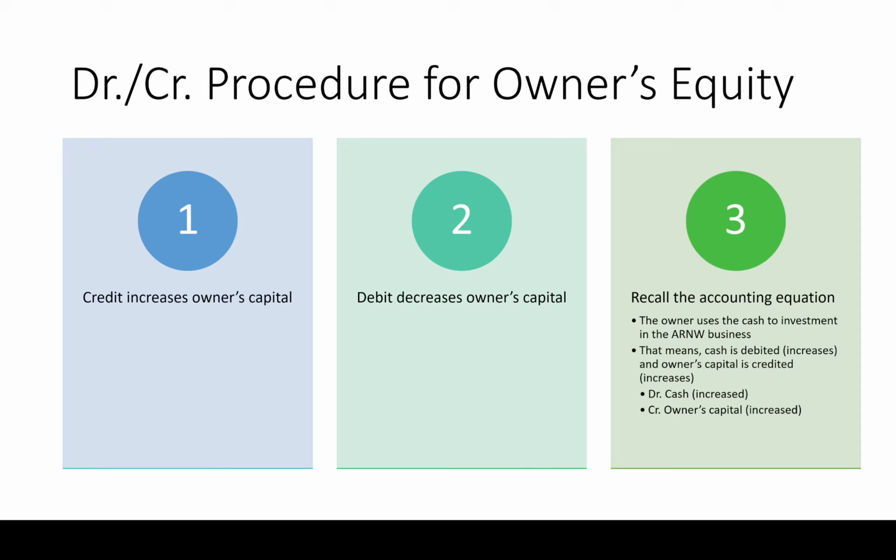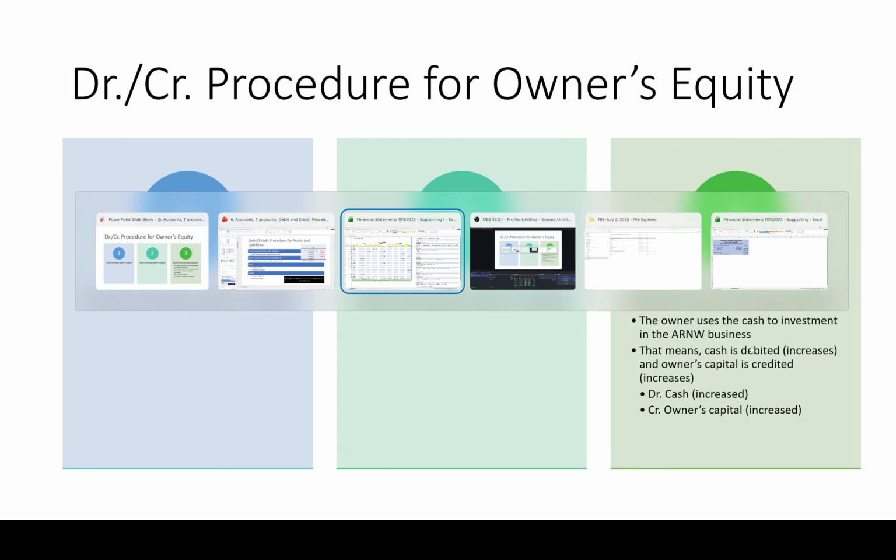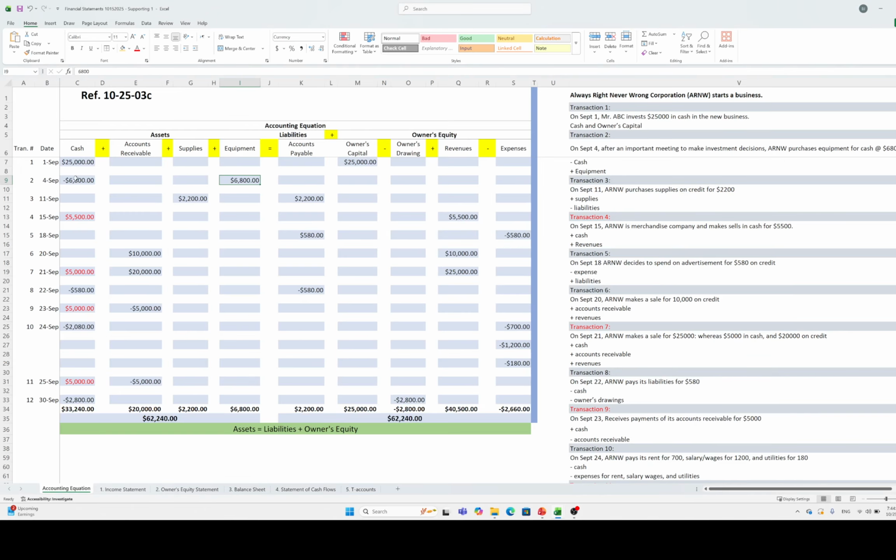So then we have owner's equity. Credit increases owner's capital and debit decreases owner's capital. If you remember the first transaction, let me get you back to it here. We've got $25,000. The owner invests $25,000.